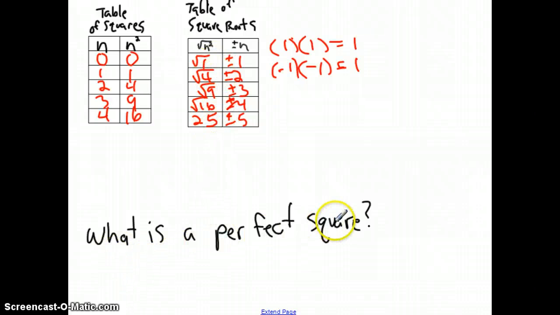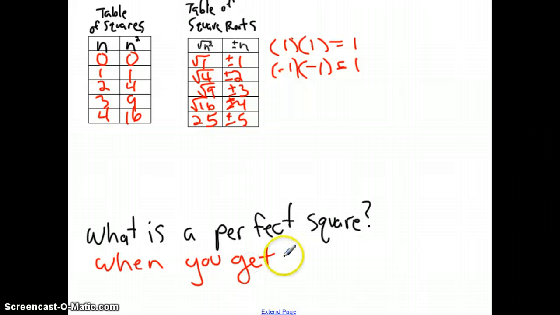Down here the question is, well, what's a perfect square? Well, a perfect square is when you can take the square root of a number and get an integer. So like the square root of 4 is plus or minus 2. Okay, so those are perfect squares. We also call these rational numbers. So what is a perfect square? It's when you get an integer as the square root.